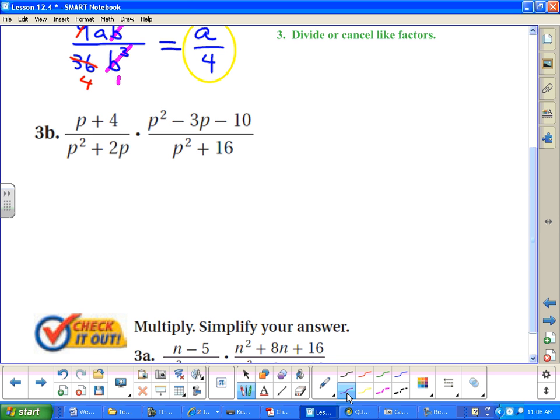All right. So the first thing we want to do is factor. Right. Can I factor anything out of p plus 4? No. Okay. Can I factor p squared minus 3p minus 10? So what are the factors of negative 10 that add up to negative 3?